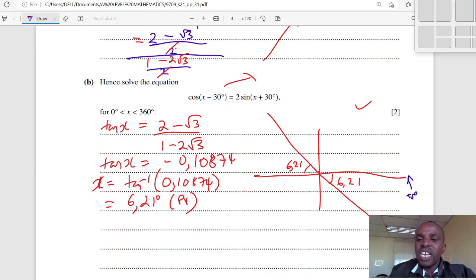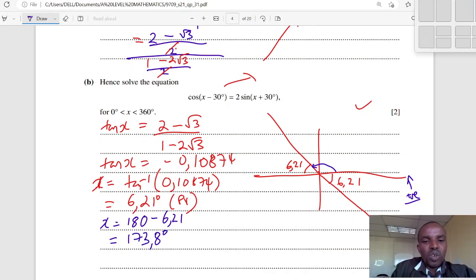From the positive x-axis to the first line, it's 180 minus, so x equals 180 minus 6.21. That's my angle there. 180 minus 6.21 gives 173.8, to 1 decimal place for angles in degrees, please.